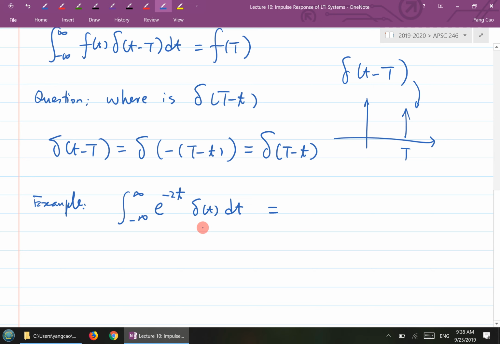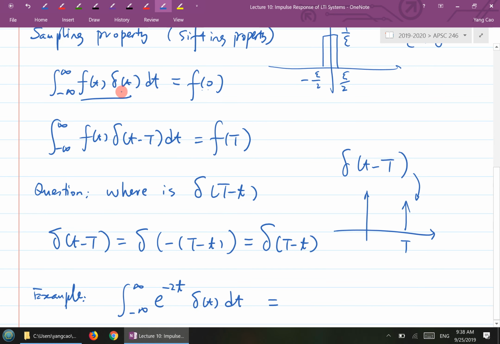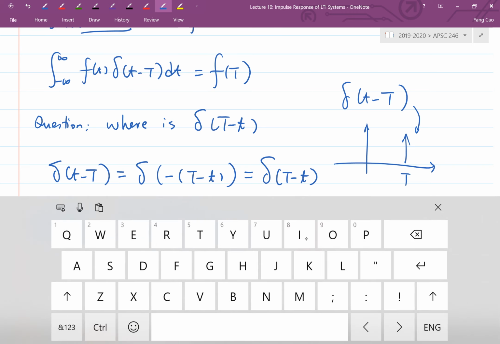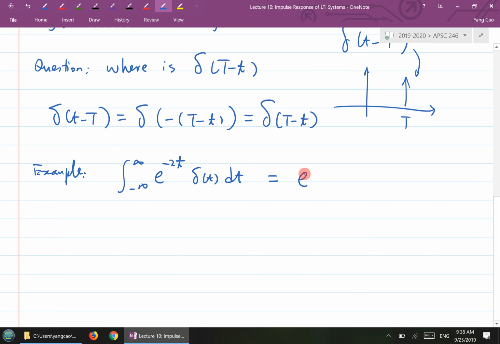Calculate this integral here, and that's exactly the sampling property number 1. So what you can do is simply use the result, because this is delta t.